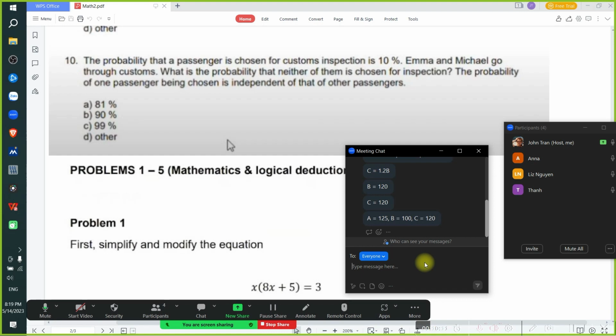The probability of one passenger being chosen is independent of the other passengers. So what do you think?